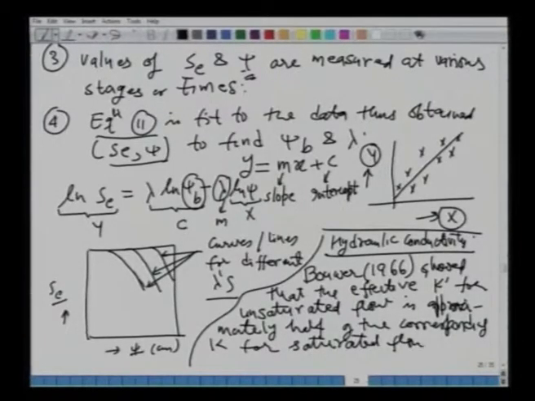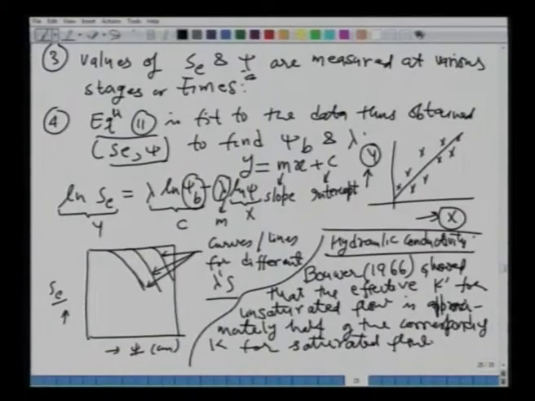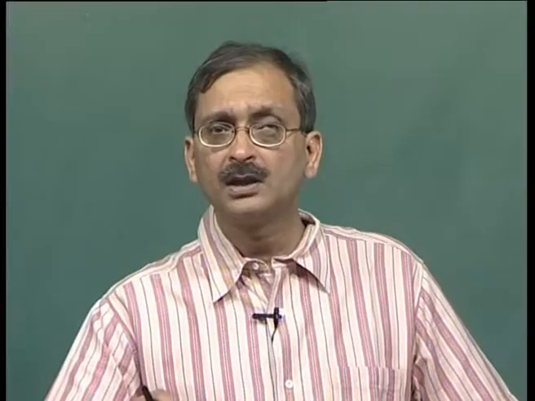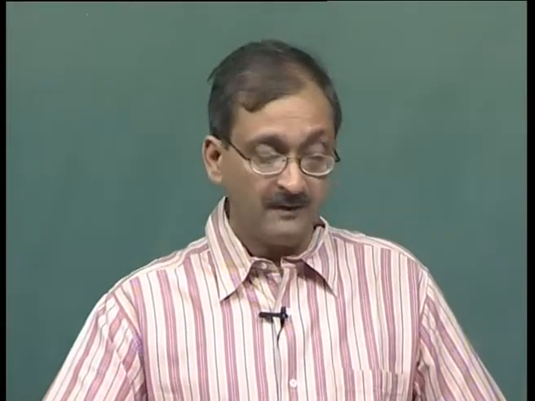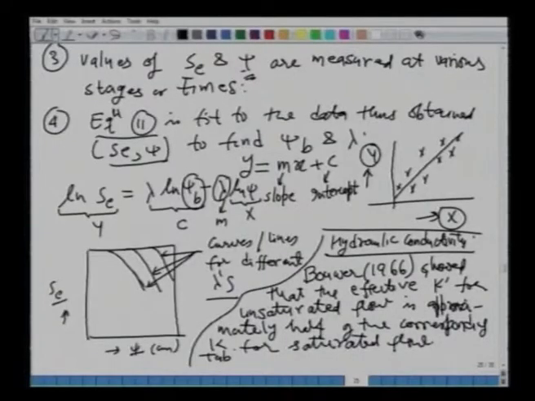Okay. So, as far as this course is concerned, we are just going to say that the hydraulic conductivity in the unsaturated zone is approximately half of the saturated hydraulic conductivity. That is what the research has shown, and the relationship of this hydraulic conductivity as a function of time or as a function of theta is beyond the scope of this course, although there are many studies that are available.